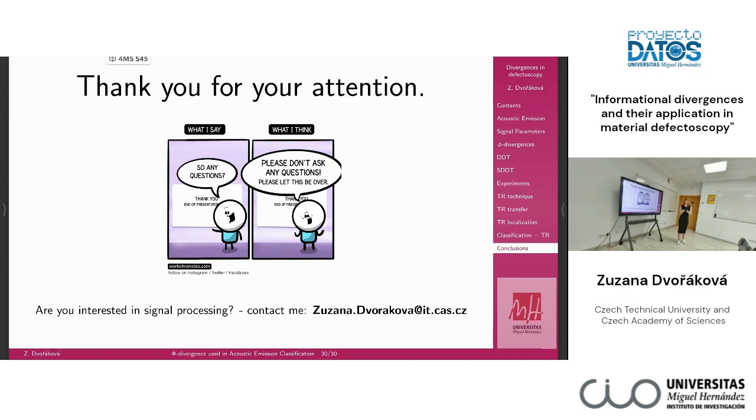This information is good, but it's not enough, because sometimes you have more information about the signals in the smaller amplitudes and the frequencies with small amplitude, and the phi divergence works with these values. So this is the advantage.